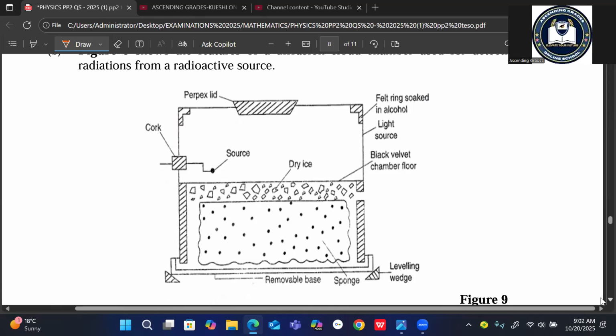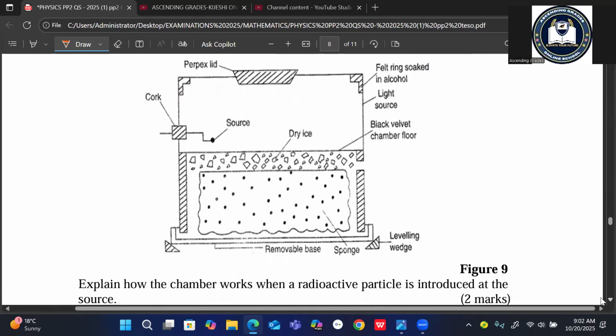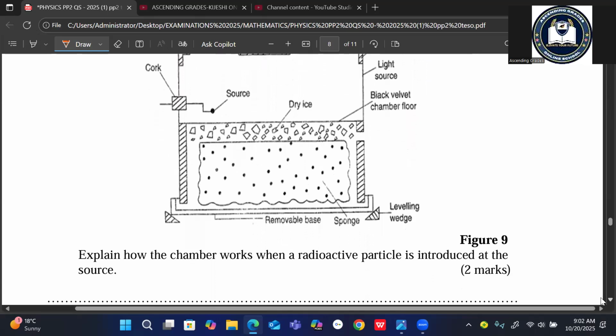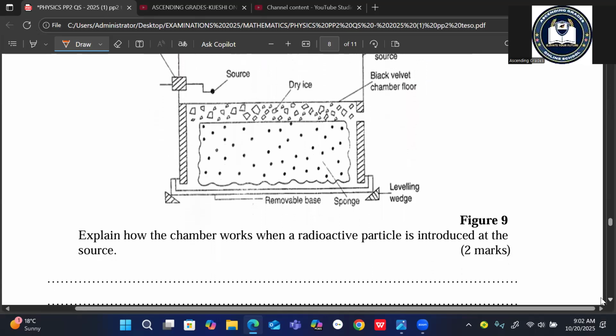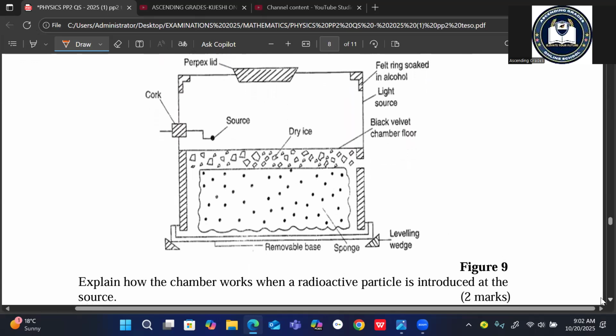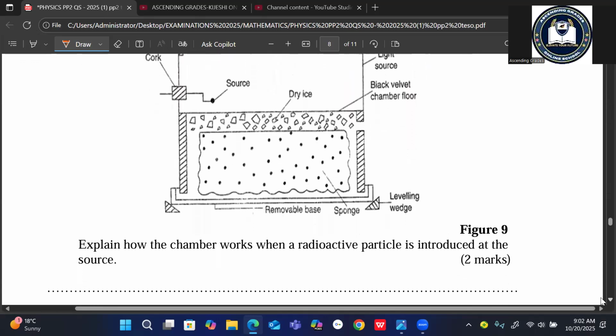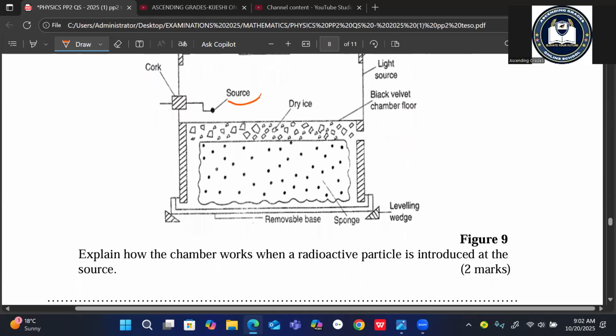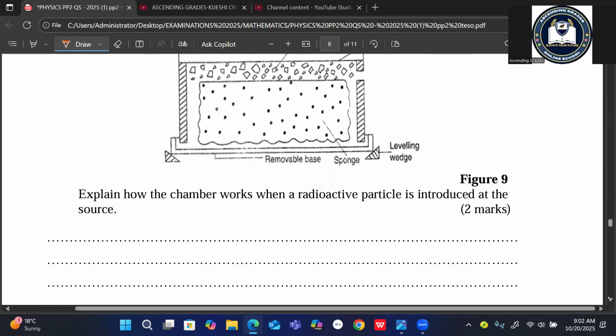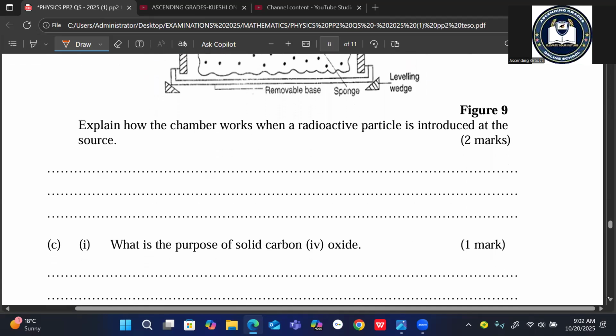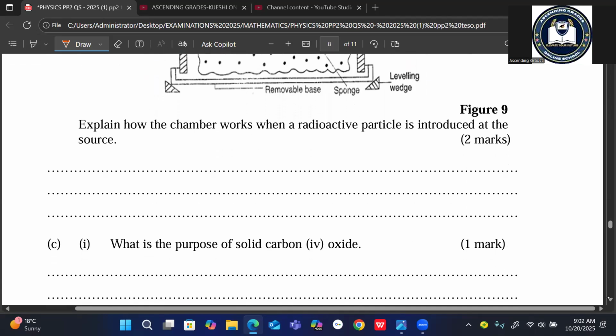The first question asks us to explain how the chamber works when a radioactive material is introduced at the source. So this is the source. Then you are supposed to explain.